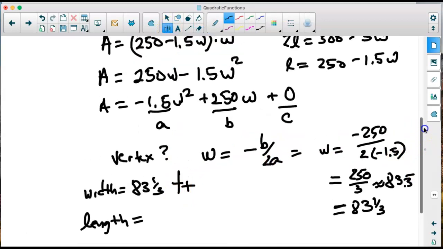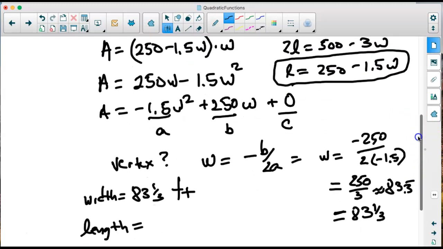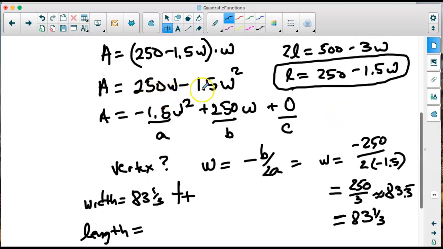We can just plug that in to figure that out. Or we have this function right here that says the length is 250 minus 1.5 times w. We can also plug it back into this function right here for w, but that actually will give us the area, not the length. So we need to actually use this equation.